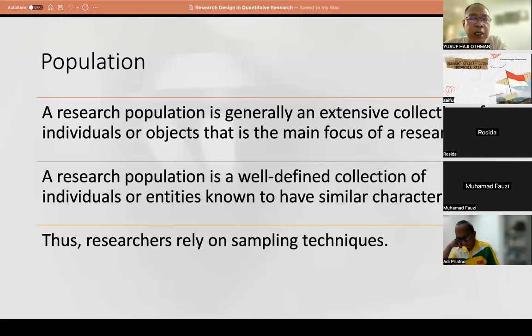So a research population is a well-defined collection of individuals or entities known to have similar characteristics. So usually the researcher does not choose all the entities or all the individuals in the population of the study, because it's almost impossible.